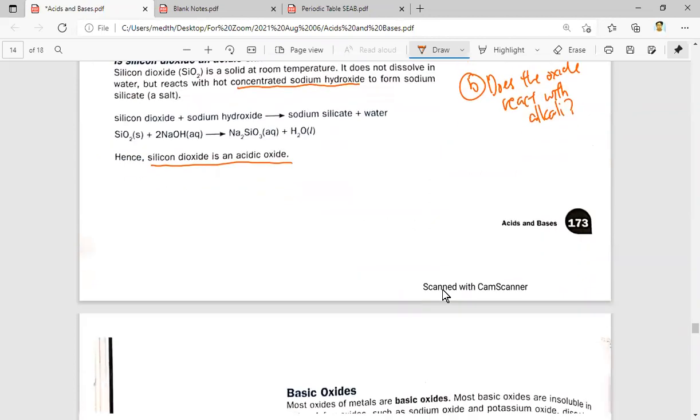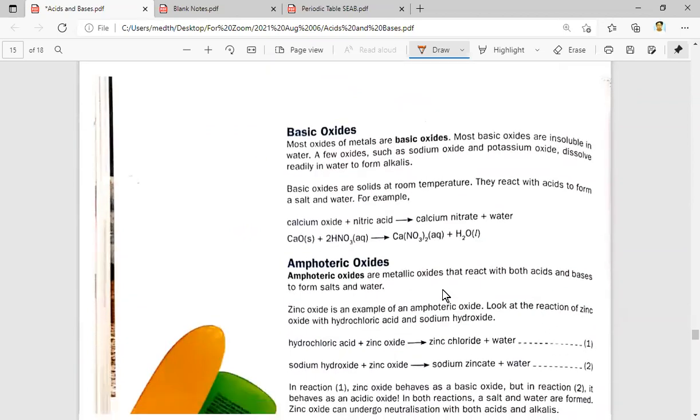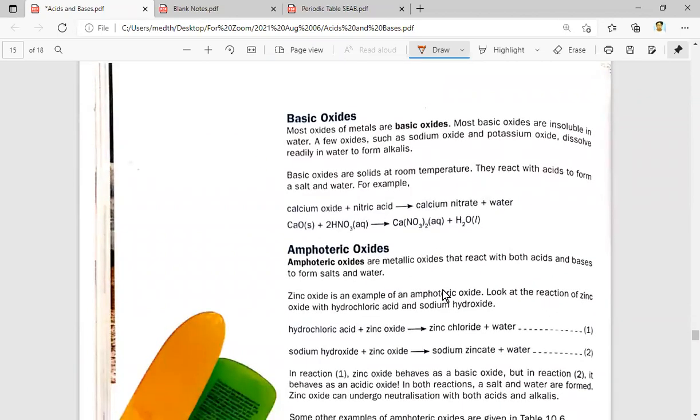Now, next one, basic oxides. So next part, they say most oxides of metals are basic oxides. So they're insoluble in water, but there are some that will, which is sodium oxide and potassium oxide. Now, the question is, how do we know whether something is a basic oxide? Basic oxides will react with acid to form salt and water.